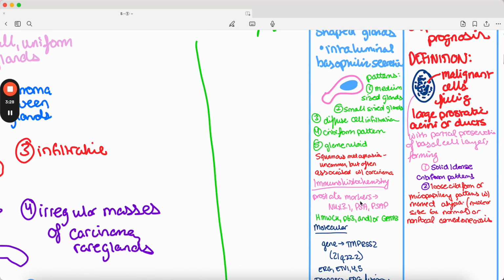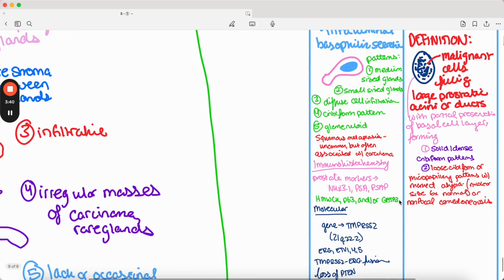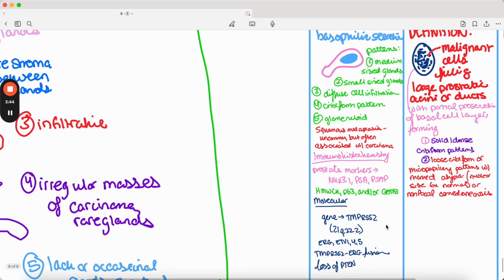Immunohistochemistry, prostate markers are going to be NKX 3.1, PSA, and PSAP. And then you can also use high molecular weight cytokeratins, P63 and or GATA3 as a kind of combination stain. And then in terms of molecular, the important one to remember is TMPRSS2 ERG fusion.